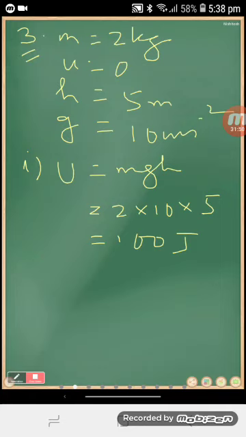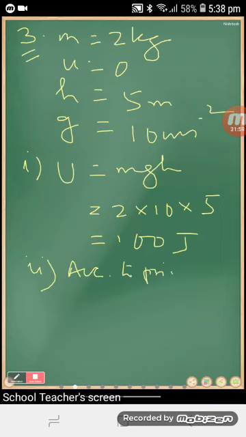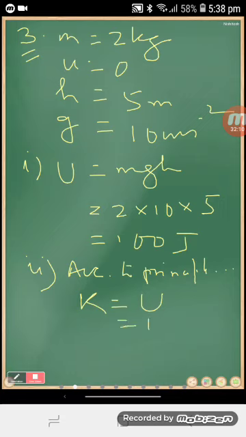Kinetic energy of the ball just before it hits the ground. According to the principle of conservation of energy, K will be equal to U, and therefore this will also be 100 joules. What happens to the mechanical energy after the ball hits the ground and comes to rest?